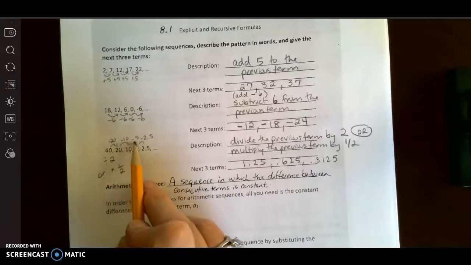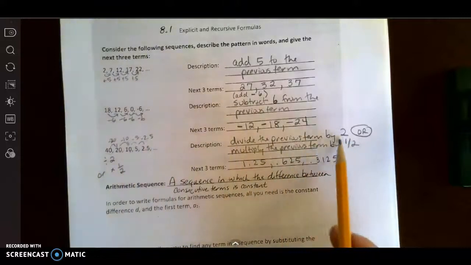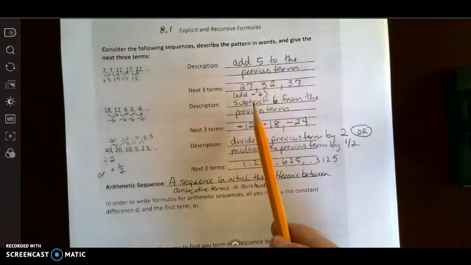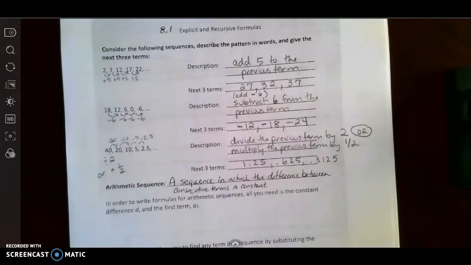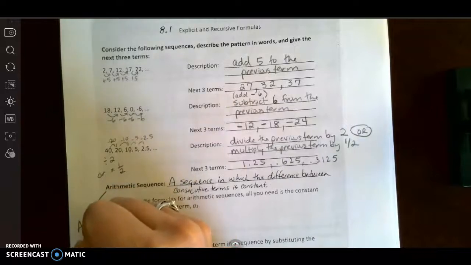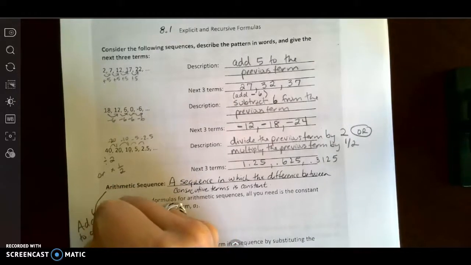Notice this is not a constant difference. So this sequence here would not be considered arithmetic. Arithmetic is when you add to get to the next term. That's why I also had us write up here, add -6. Subtraction is a form of addition. So arithmetic sequence, add to get to the next term.